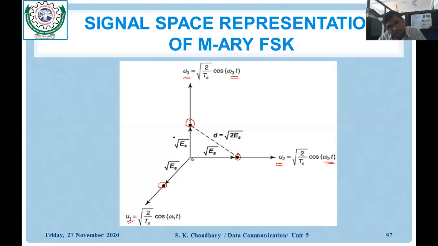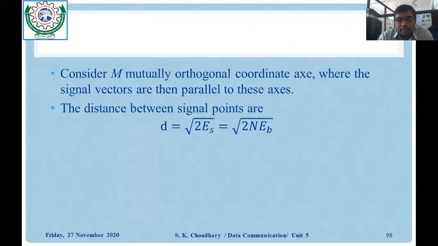And the Euclidean distance is greater than that of the M-Array PSK. So that can be written as D is equal to square root of 2ES, or square root of 2NEB, because if it is represented in terms of bits, it would be NEB.